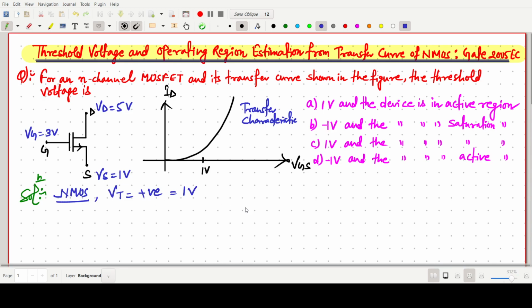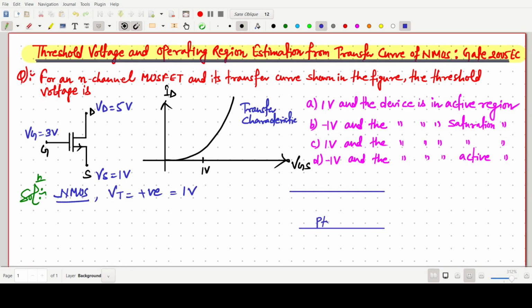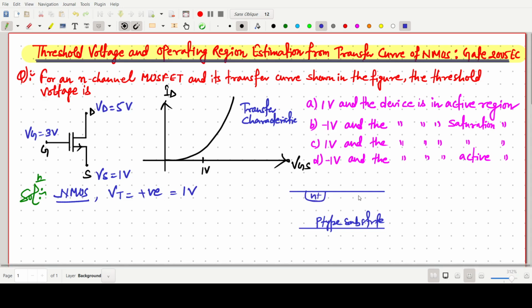For the NMOS, for example, this is our P type substrate and this one is the N plus region. We are making the oxide layer, and this one is the metal part. We have to give the positive gate to source voltage here, VGS, and this one is our drain and this one is our source.